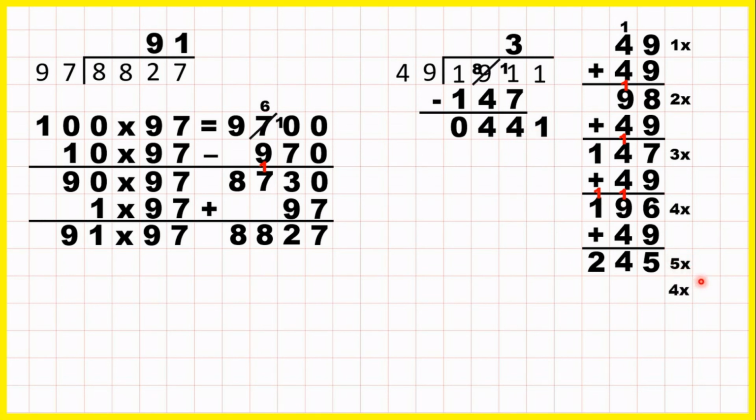So if we add our answer to 4 times, that's going to give us 9 times. And when we do the addition, we get to exactly 441. So that estimate was accurate. 9 times 49 is 441, which means that 9 is the final digit of our answer.